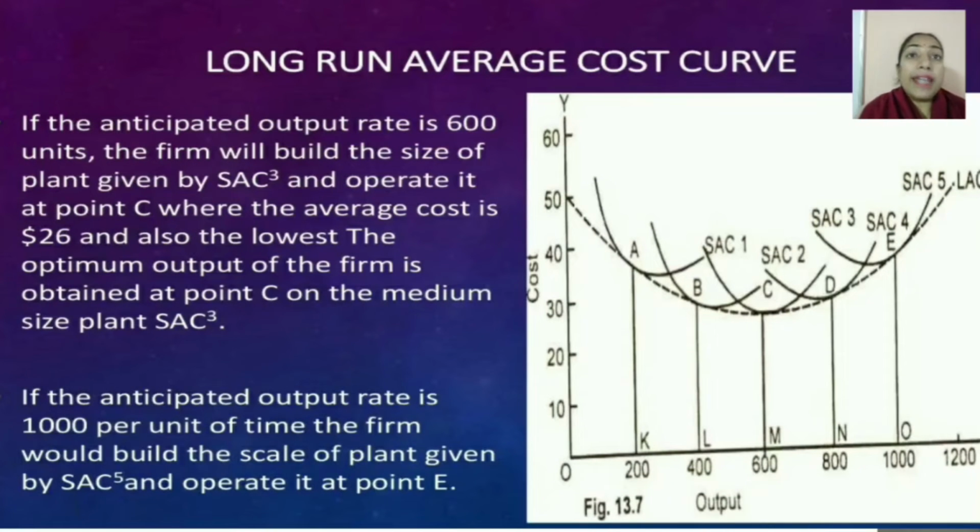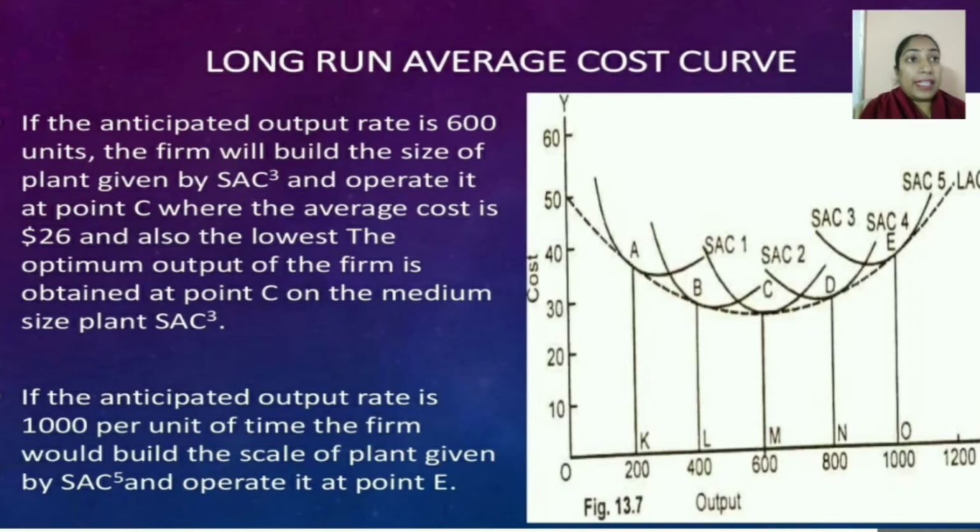If we anticipate the output will increase more, to 600, the firm will build the size of plant represented by SAC3, and it will operate at point C, where the average cost will be around 26 and is the lowest.